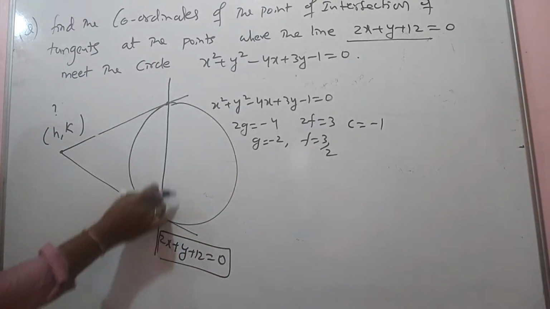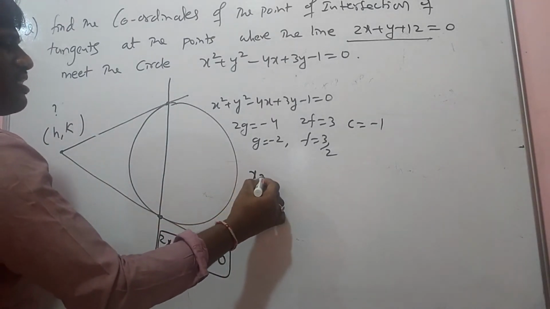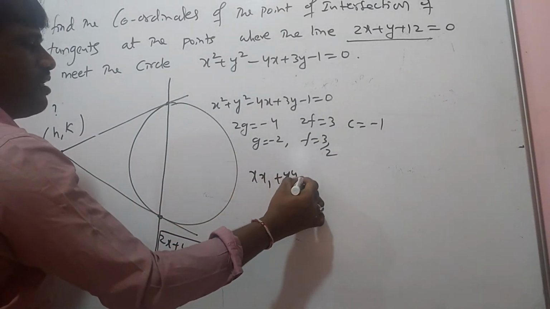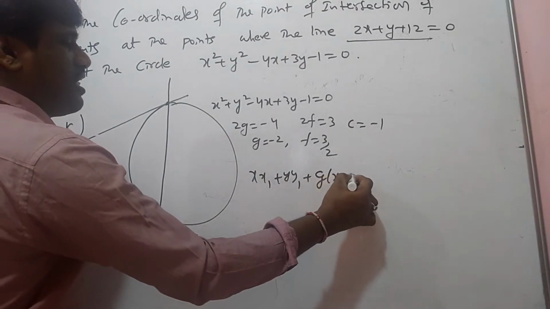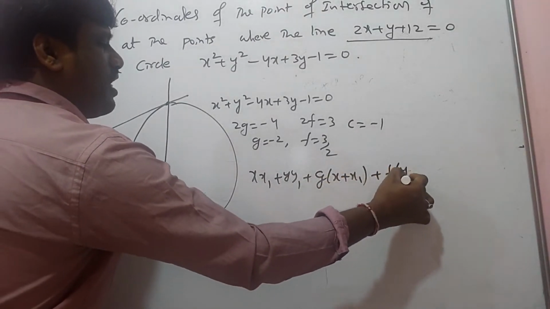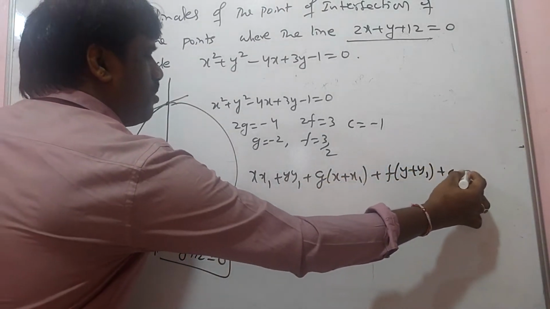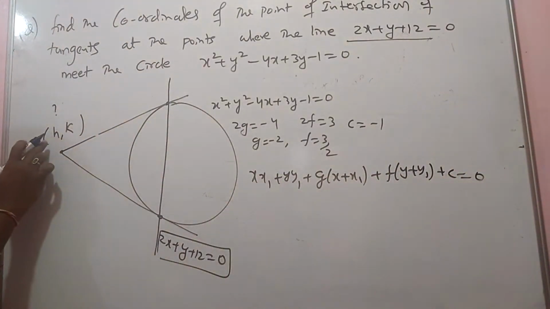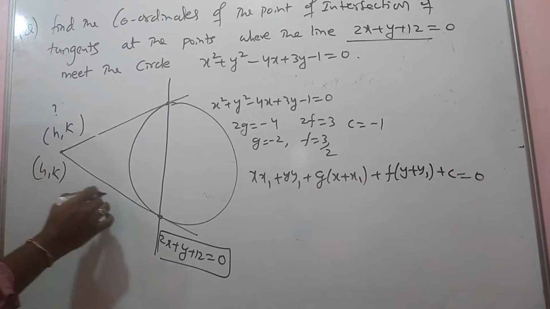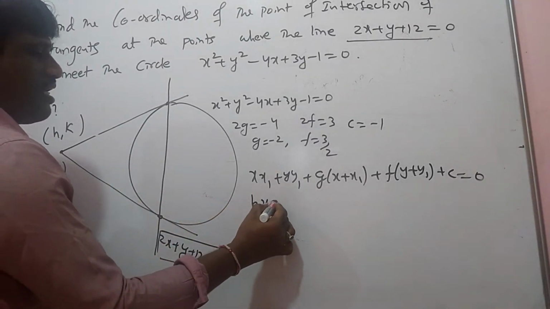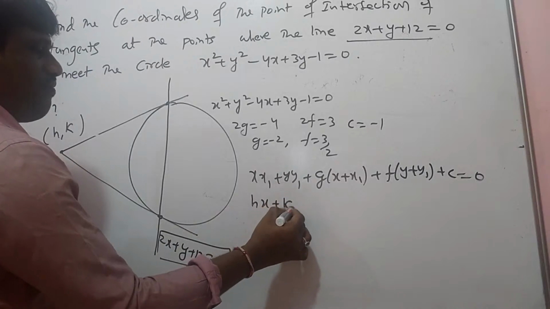The chord of contact equation is x x1 plus y y1 plus g into x plus x1 plus f into y plus y1 plus c is equal to 0. So here the point is h comma k. So hx plus we wrote ky, right?